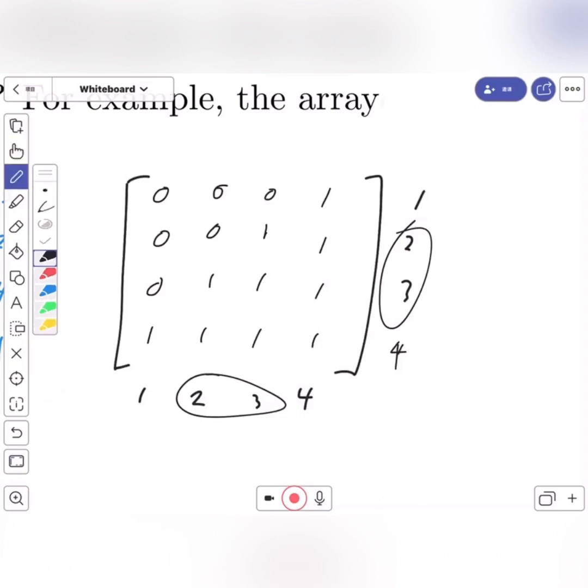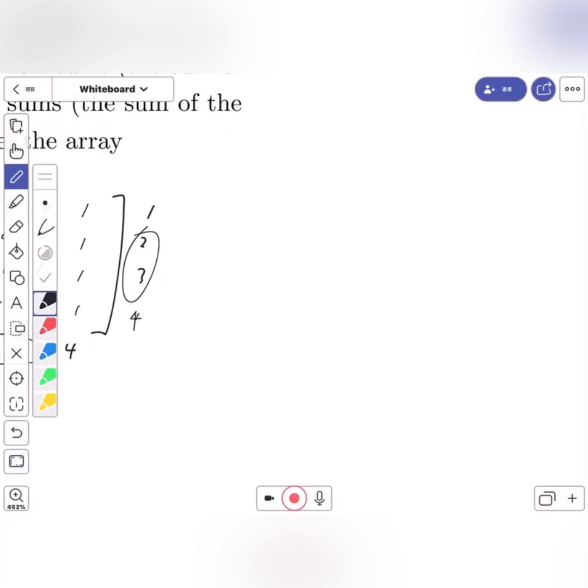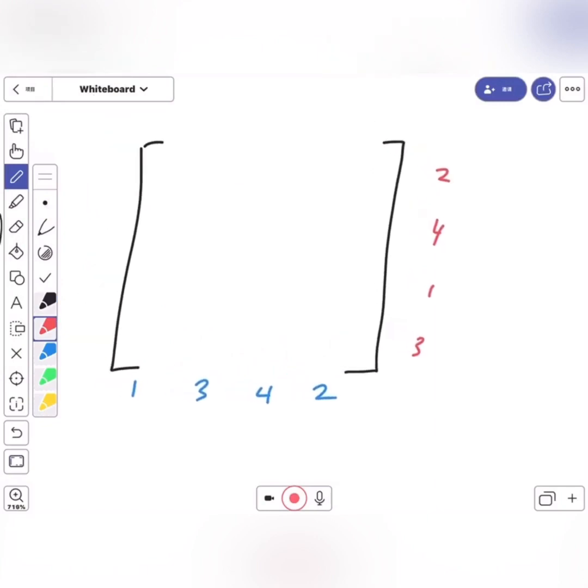Now what about we try another one? Let's say we have something like 1, 3, 4, 2, and for the row sum we have 2, 4, 1, 3. Now what do we do?